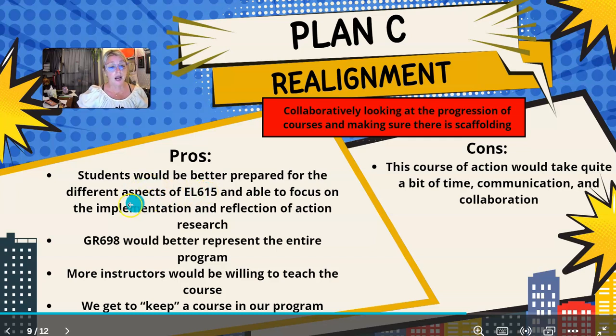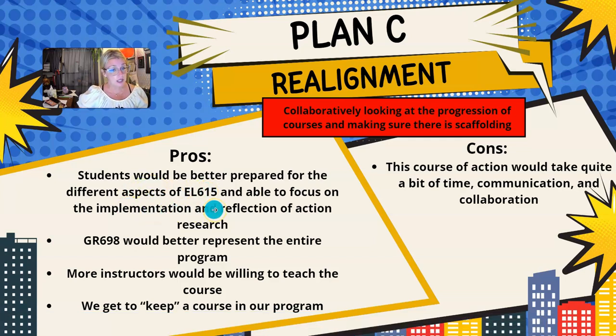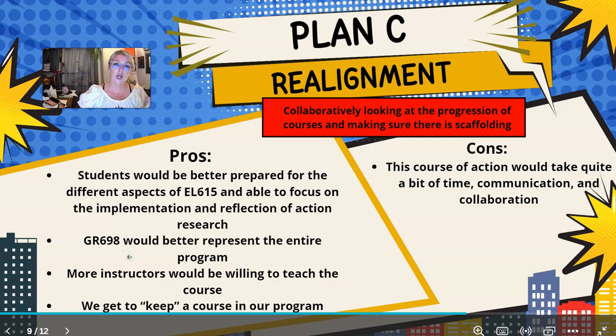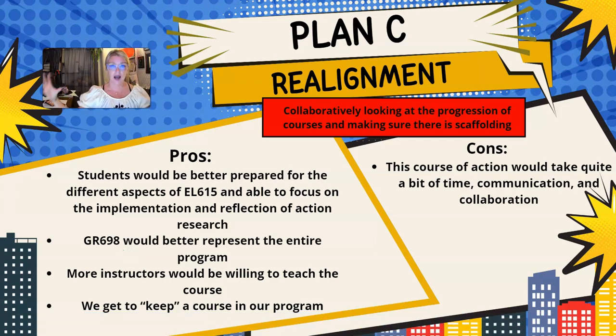Pros. Students will be better prepared for the different aspects of 615 and able to focus on the implementation and reflection of action research. By the time they would get to 615, to my course, they'd be ready. They wouldn't have to be learning how to do a literature review. They'd already know because they've already done it. 698 would better represent our entire program.